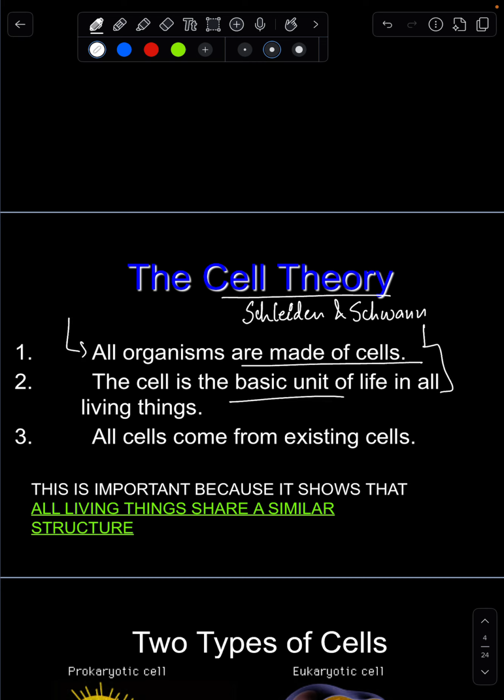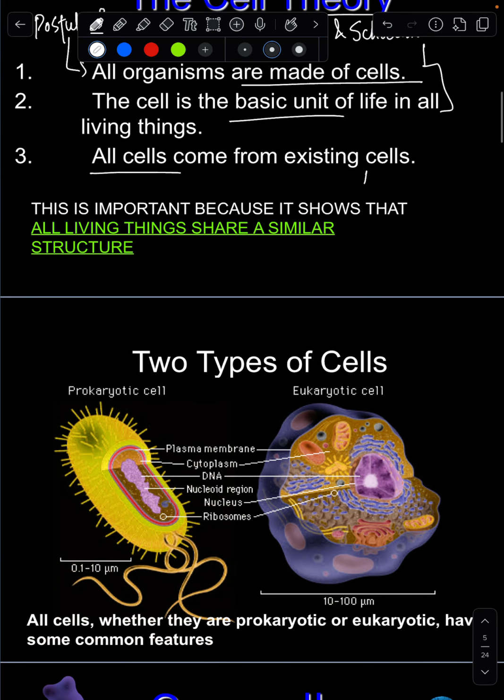These two were basically postulations, means still not a fact, but later on expanded by another scientist named Virchow, who said that all cells come from pre-existing cells, means cells which are already present are dividing and giving new cells, so they are basically immortal.